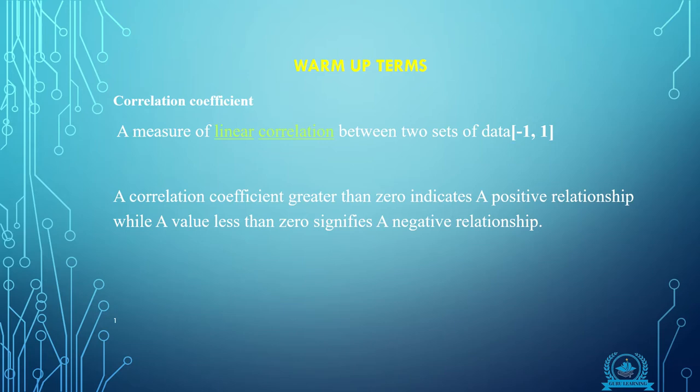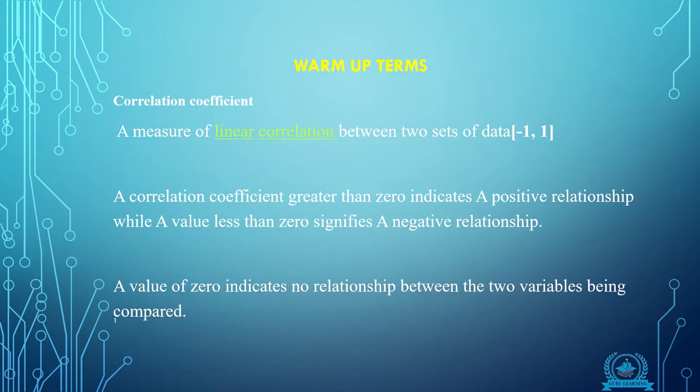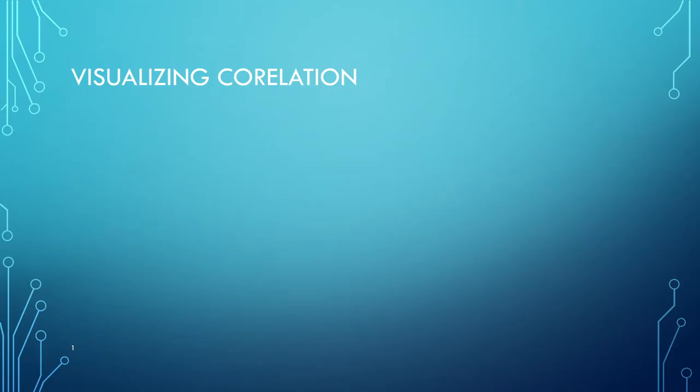Its value ranges between -1 and 1. A value greater than 0 indicates that the two variables, such as sales and profit, are positively correlated, while negative values indicate a negative relationship. A value of 0 indicates that the two variables cannot draw any relationship between each other.